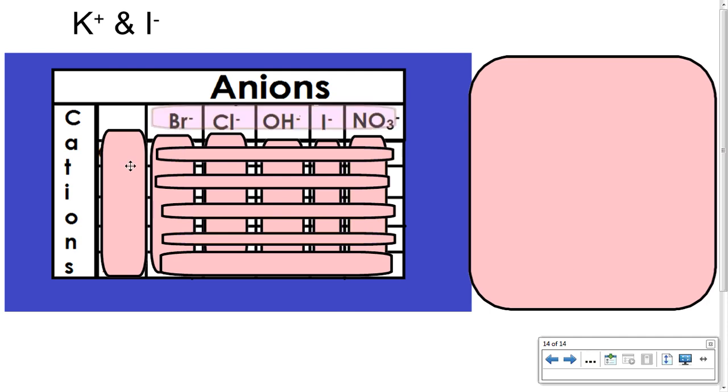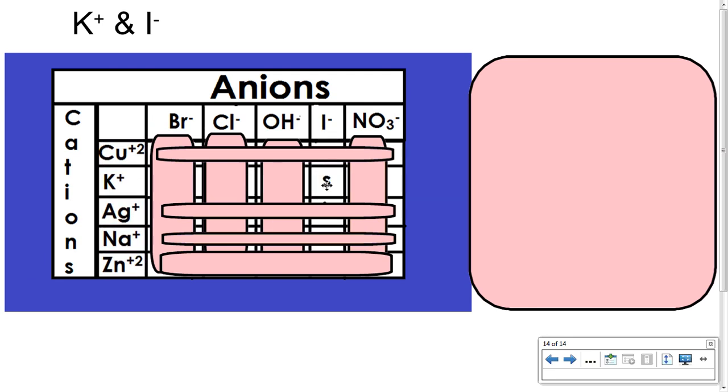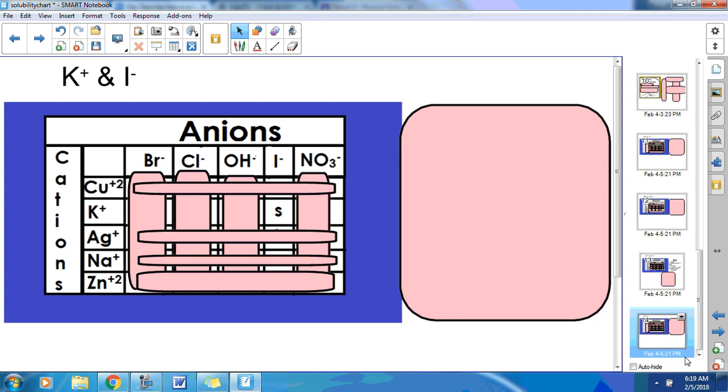K and I, potassium and iodide, that's right in here. That is soluble. And that's how you would read a solubility chart.